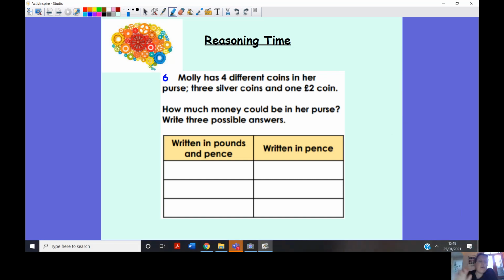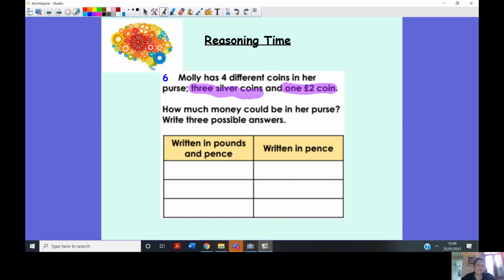So when I look at a reasoning question, I like finding some information which will help me. So Molly has 4 different coins in her purse, 3 silver coins and 1 £2 coin. So this is never going to change. This is the thing that's going to change.